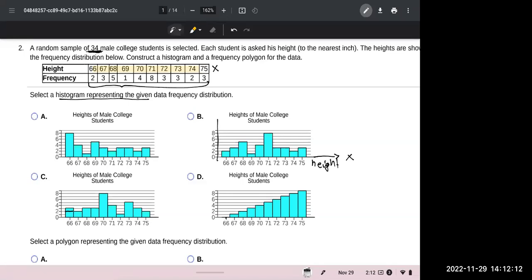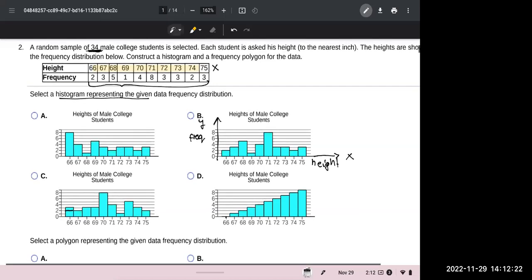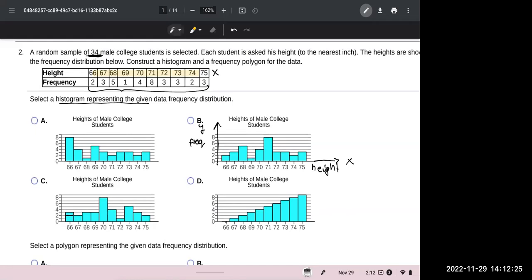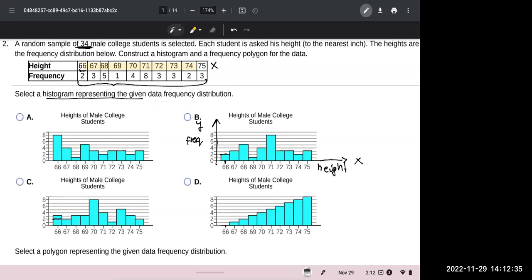Frequency is always your y-axis, and that's going to be the height of the bar. So you just have to check which histogram is correct. In this case, it's going to be answer B, and I'm checking for height 66. Frequency is 2, so the height of the bar should be 2.